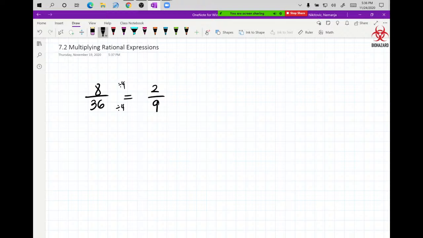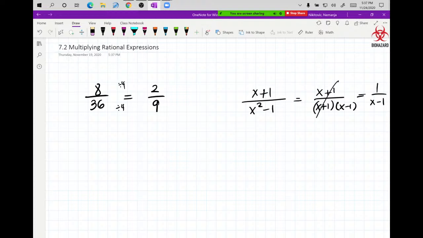So if you have, this is again from our 7.1, x plus 1 divided by x squared minus 1, you know that you can factor the denominator into x plus 1, x minus 1, and then when this cancels, your answer is just 1 over x minus 1, which is way easier to work with and compute than the original problem, which is why we do it.